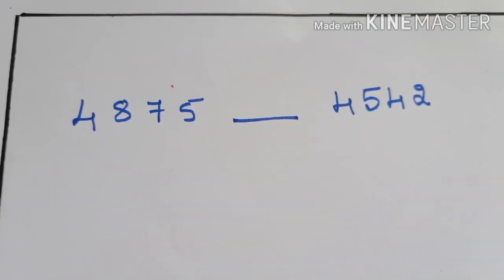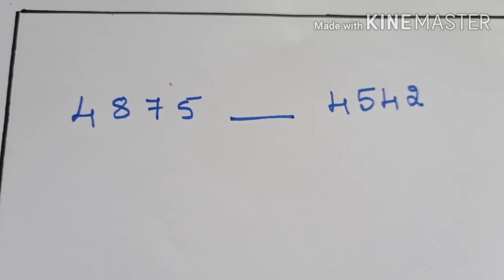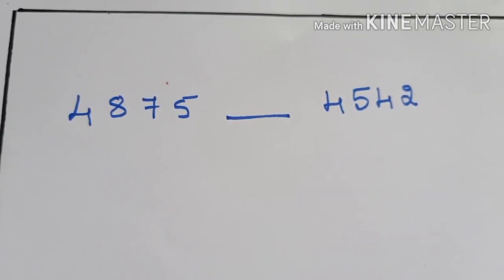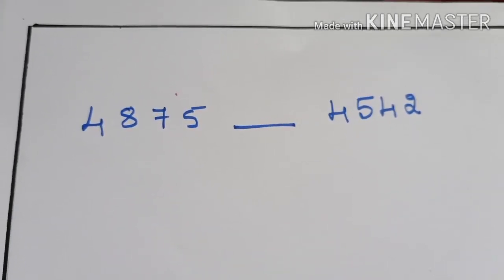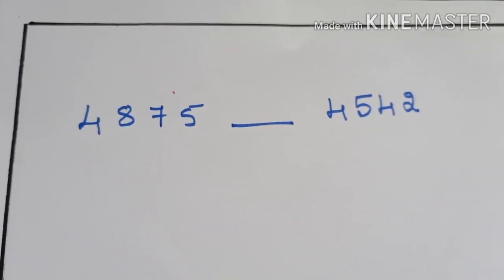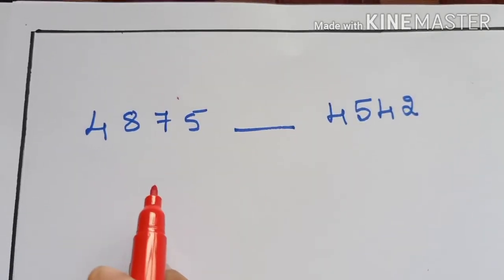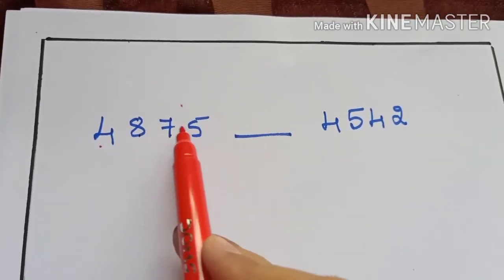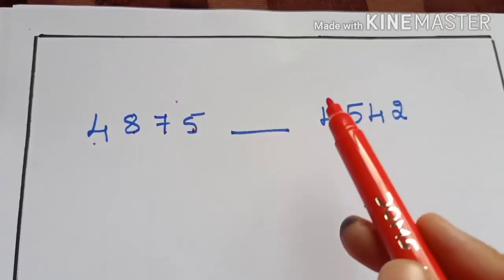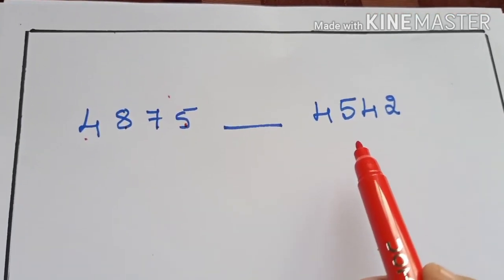Look at this example. Can you decide which is the greater number here? 4,875 or 4,542. Which one? Yes, if you notice, both the numbers have the same number of digits. Here 1, 2, 3, 4, a 4-digit number, and this is also 1, 2, 3, 4, a 4-digit number.